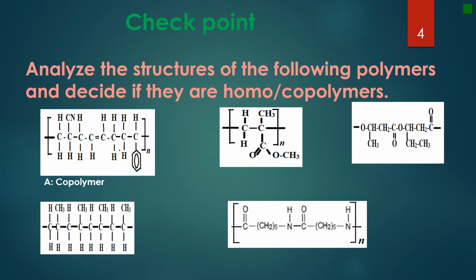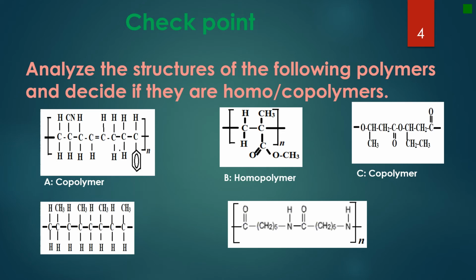The second one is a homopolymer because we have only one type of monomer, that is methyl methacrylate. The third one is a copolymer. It's a kind of condensation polymer between a carboxylic acid and an alcohol.